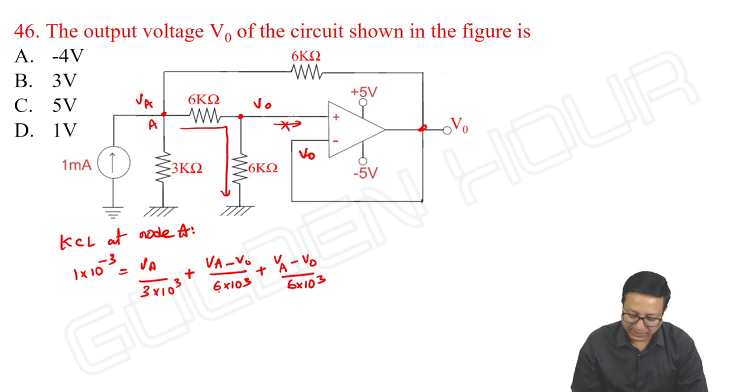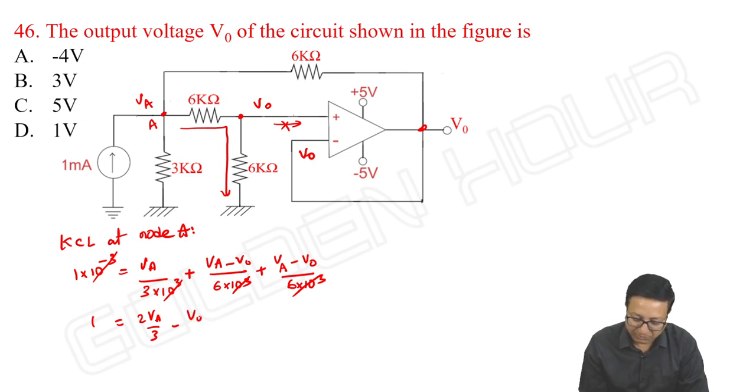Here I can cancel milli, because 10 to the power minus 3 can be written as 1 by 10 cube, and that is cancelled. So 1 is equal to VA by 6 plus VA by 6, that is VA by 3, plus VA by 3, so 2 VA by 3 minus V output by 3. Keep this as equation 1. Now what is the relation between V output and VA?